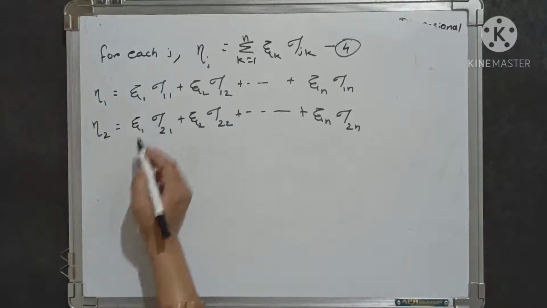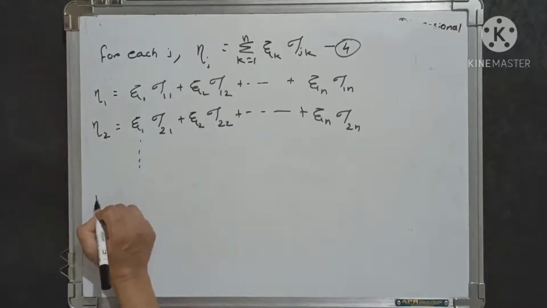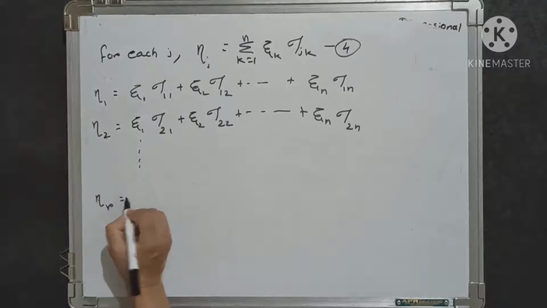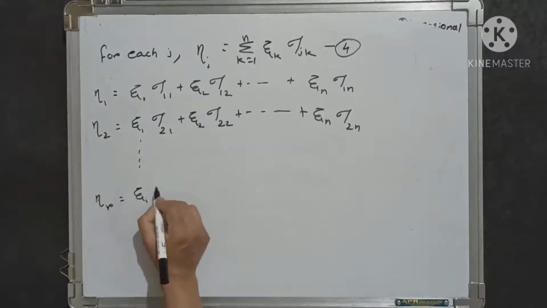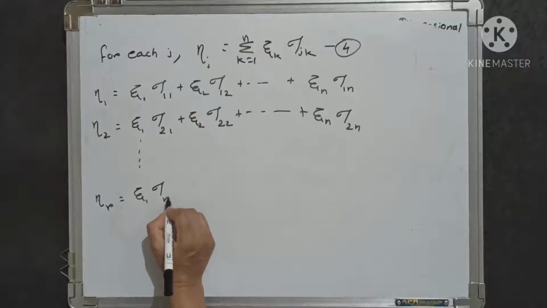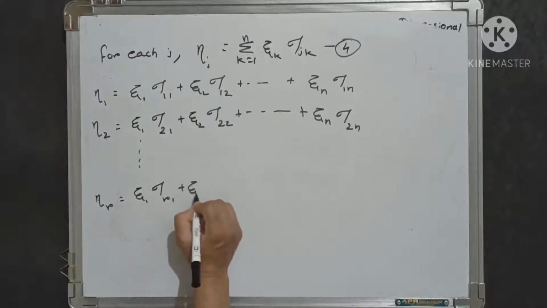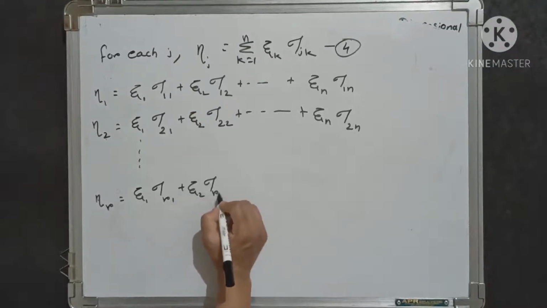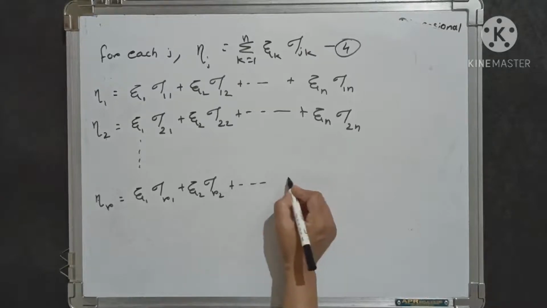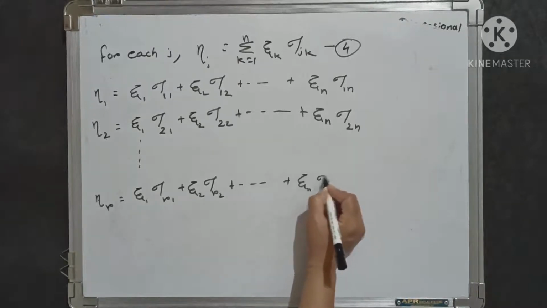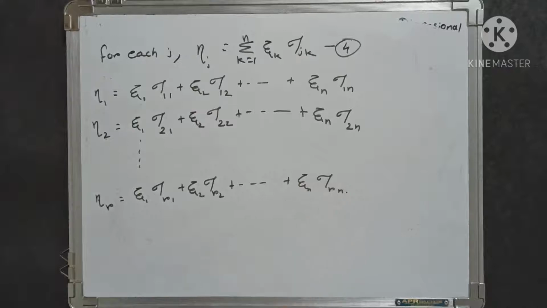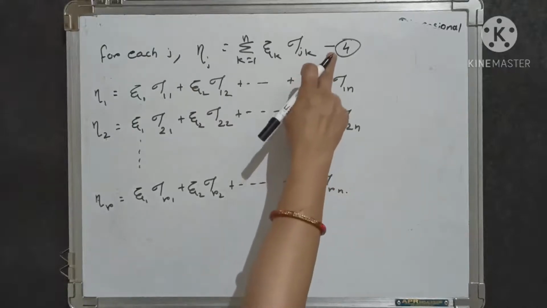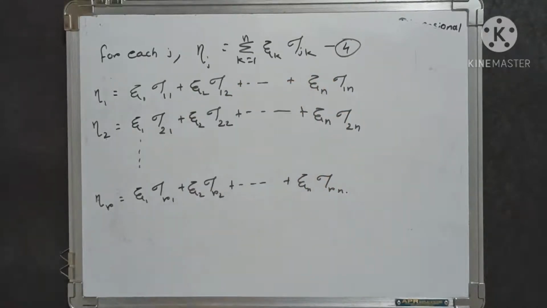Putting j equals r, we get eta r equals xi 1 tau r1 plus xi 2 tau r2 up to plus xi n tau rn. In this way we simplify equation 4.